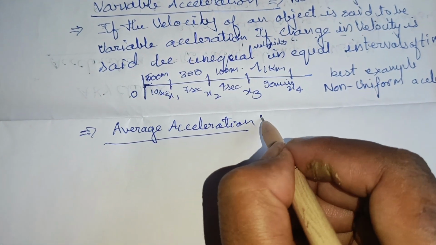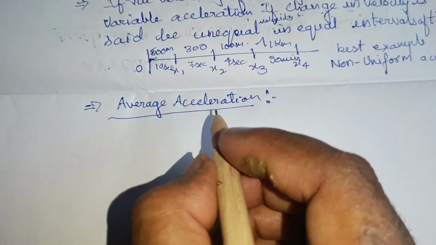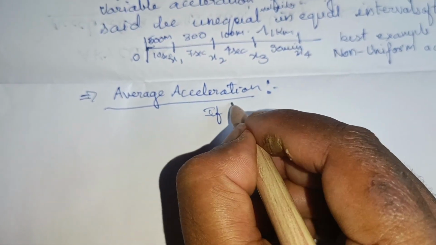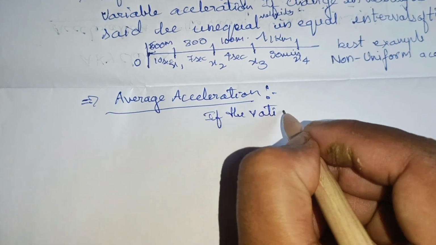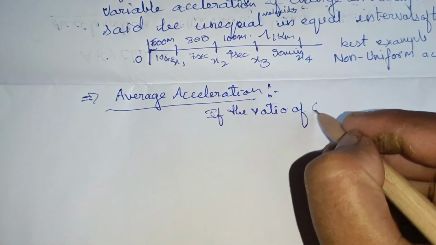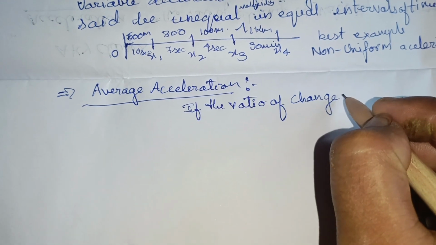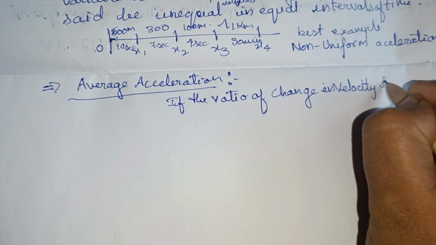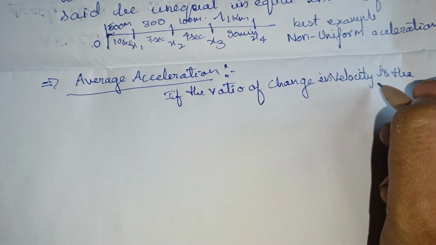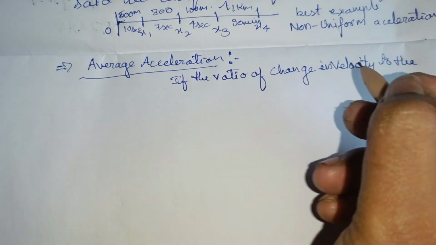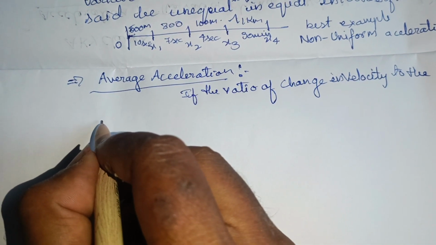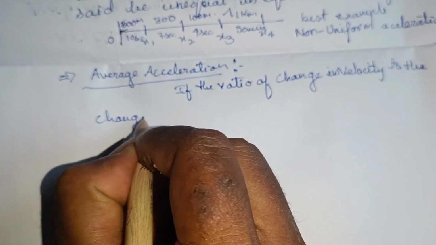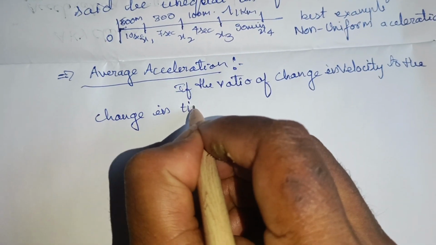We can represent the average acceleration as the ratio of change in velocity to the change in time taken.